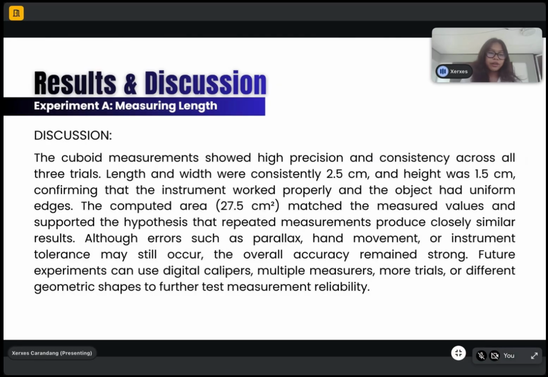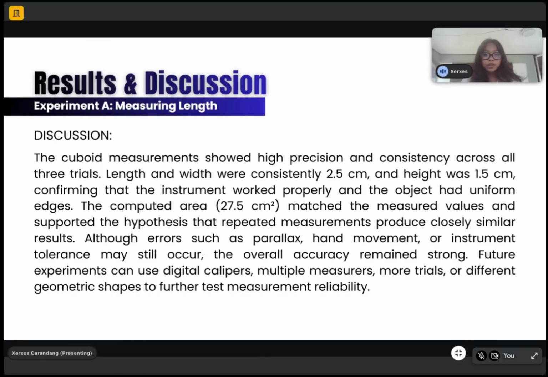Although errors such as parallax, hand movement, or instrument tolerance may still occur, the overall accuracy remains strong. Future experiments can use digital calipers, multiple measures, more trials, or different geometric shapes to further test measurement reliability.